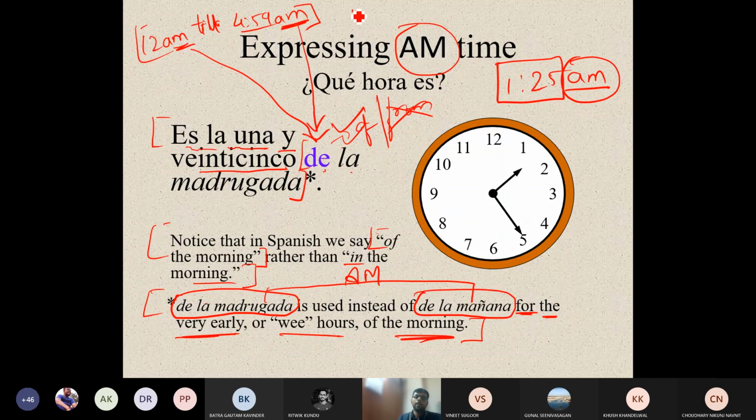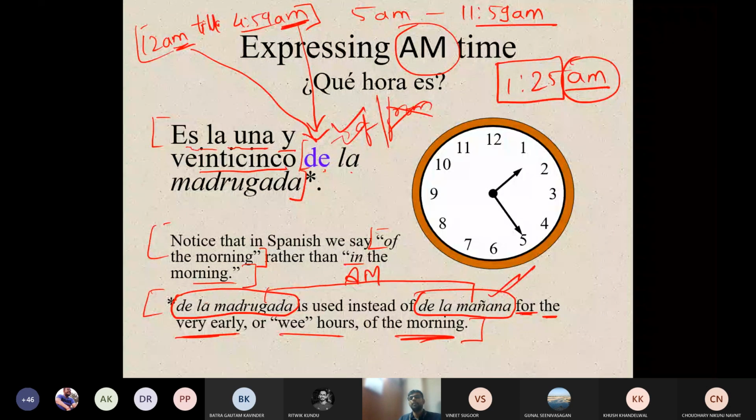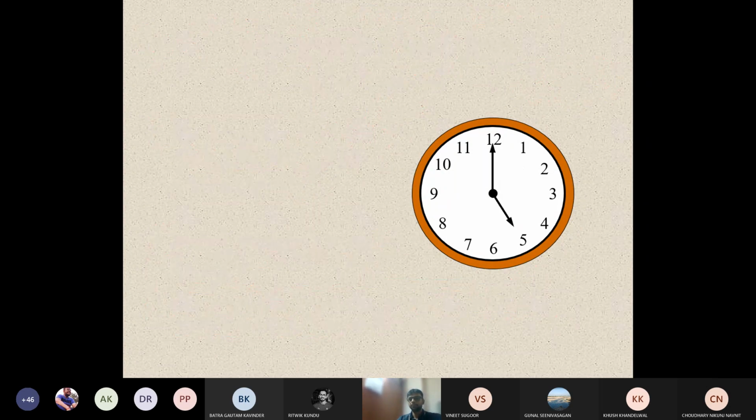After that, you can simply use de la mañana, from 5 a.m. to 11:59 a.m. As I told you, it is not going to be an abbreviated form, so you have to write out the whole thing, de la madrugada or de la mañana.